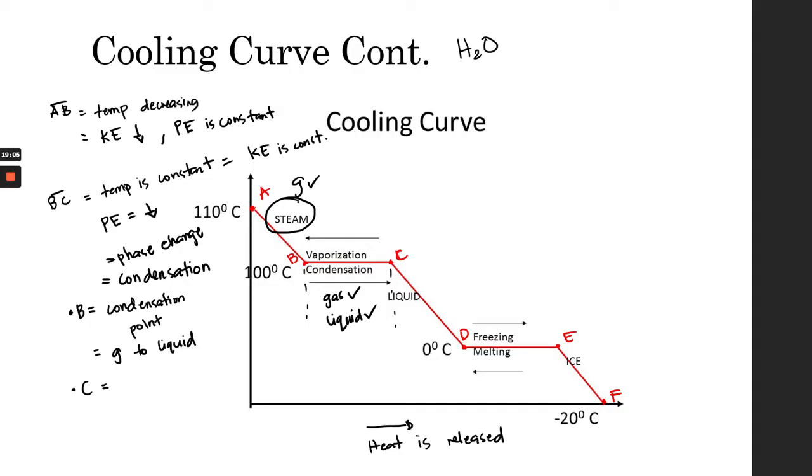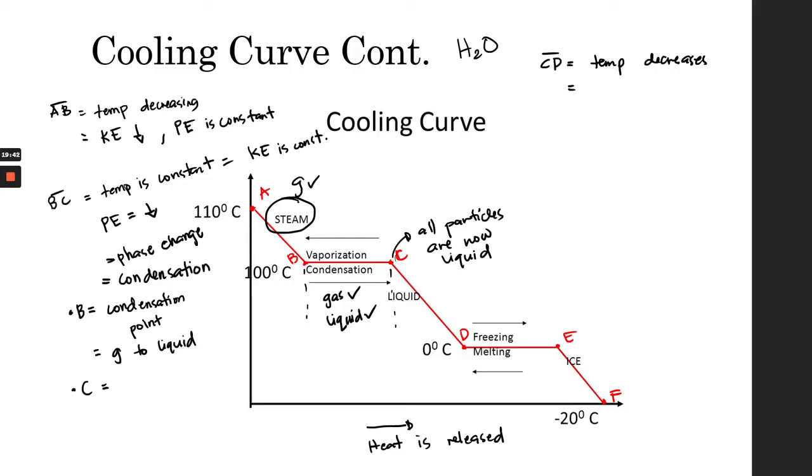At point C, all particles are now liquid. So now that the phase change finally finishes, all the gas particles are now liquid at this state. What the system would do is continue to decrease the temperature again. So at section CD, temperature again decreases.